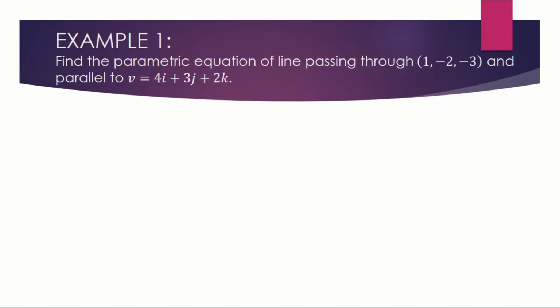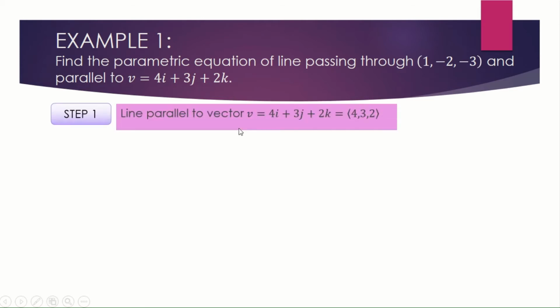Let's look at the first example. We want to find the parametric equation of a line passing through the point (1, -2, -3), and the line is parallel to 4i plus 3j plus 2k. So the line is parallel to vector v, (4, 3, 2).